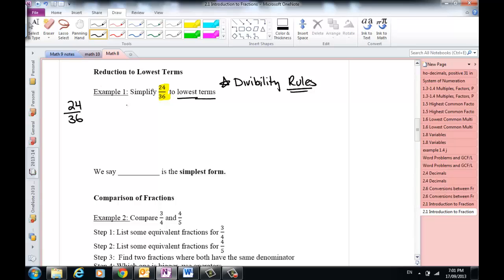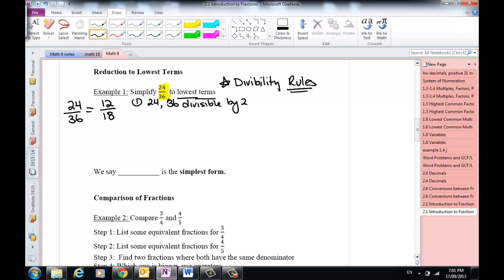And what I notice right away is that 24 and 36 are divisible by 2. So I can reduce this by saying 24 divided by 2 is 12, and 36 divided by 2 is 18.